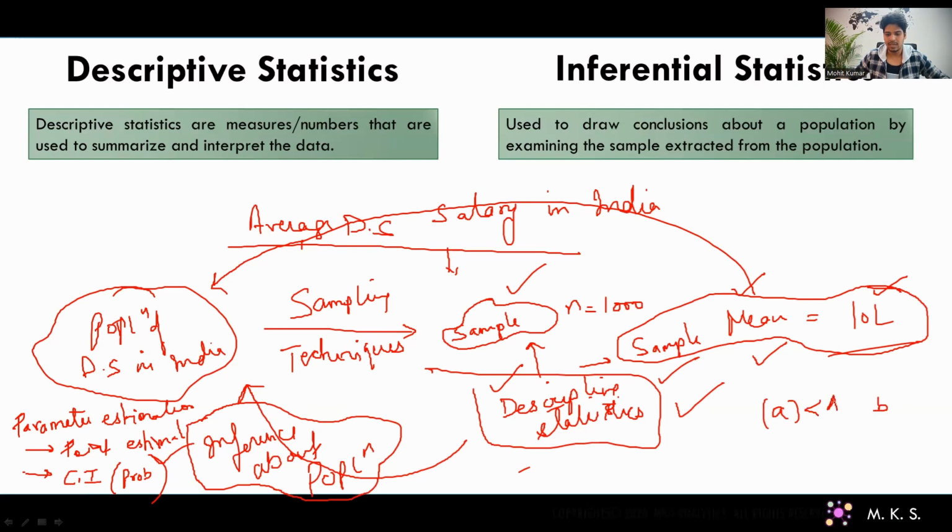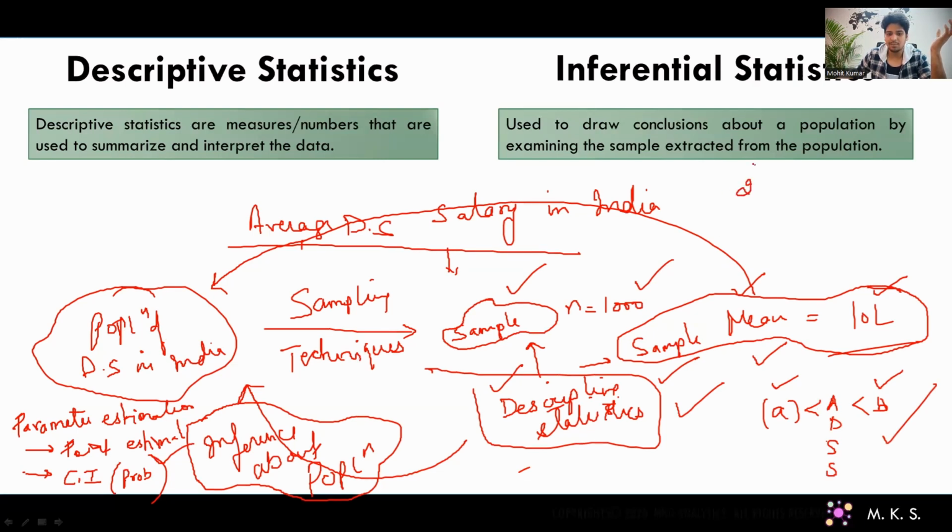So the average data scientist salary will lie between A and B. How will you get A and B? You will get them from the sample. We will talk about that. So we are inferring about the data scientist salary in India from the 1,000 sample units we have extracted from the population, right?